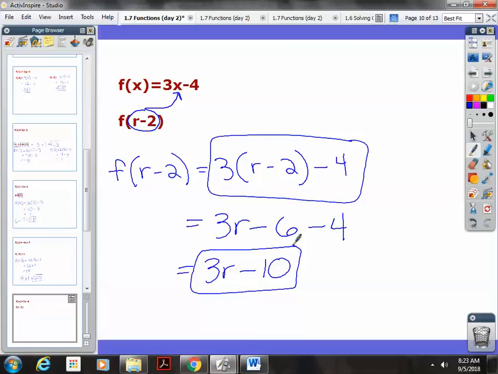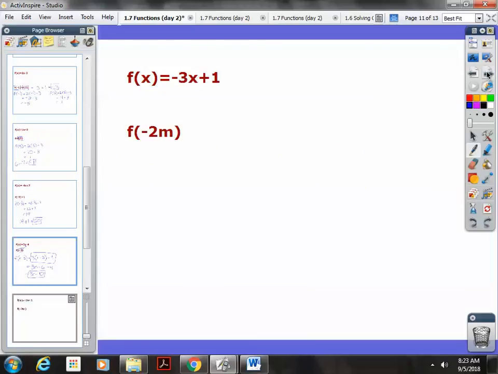Let's try another one similar to this. We're going to use the function f of x equals negative 3x plus 1 this time. And I want to find f of negative 2m. So like before, we're not substituting in just a number, we're substituting in an expression, correct?